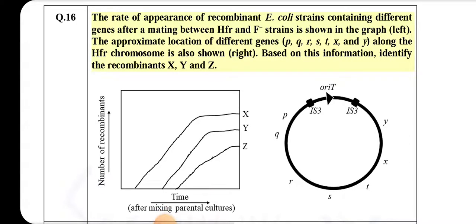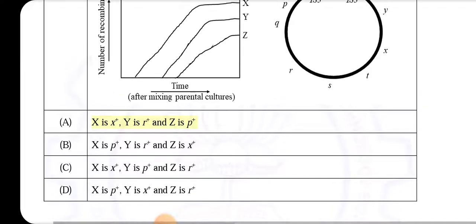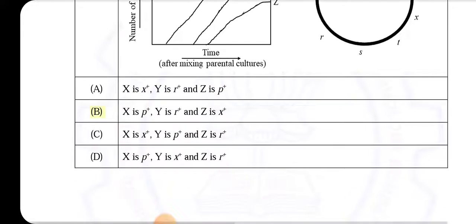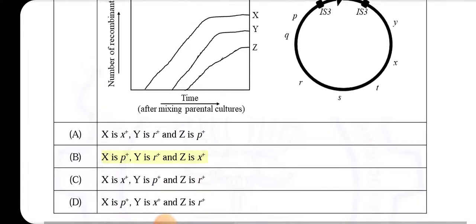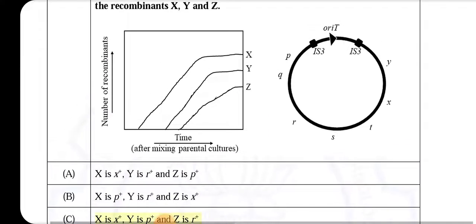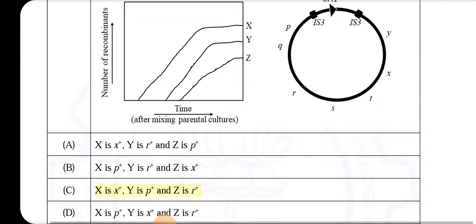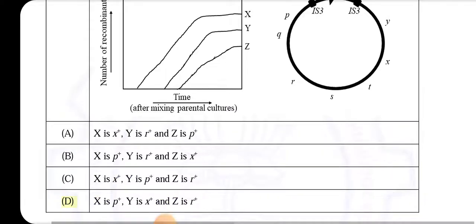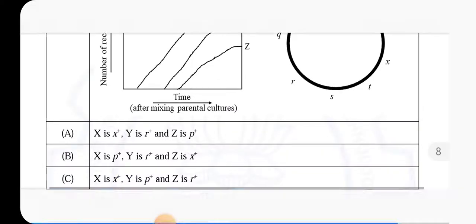Based on this information, identify the recombinants X, Y and Z. A. X is X+, Y is R+ and Z is P+. B. X is P+, Y is R+ and Z is X+. C. X is X+, Y is P+ and Z is R+. D. X is P+, Y is X+ and Z is R+.